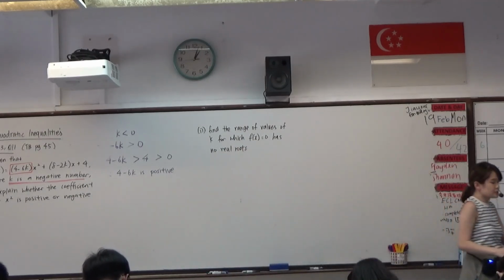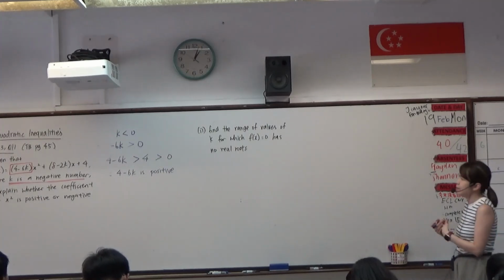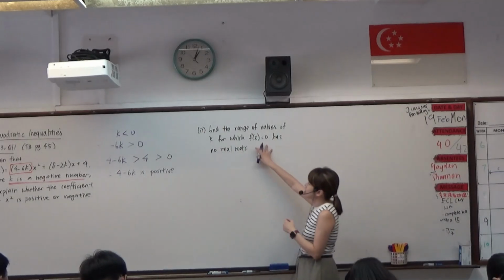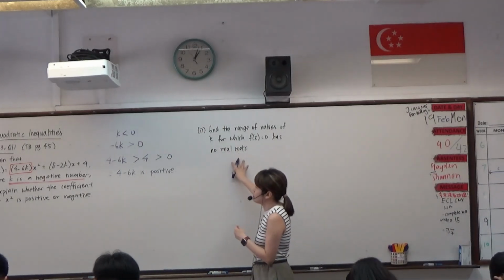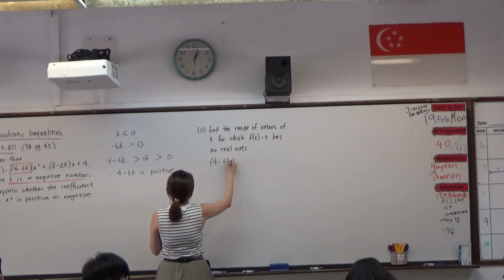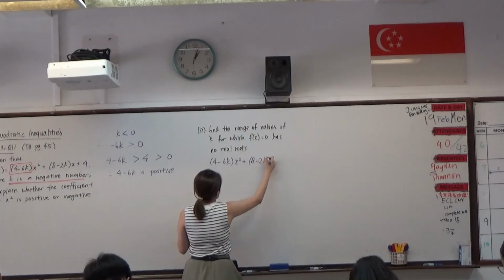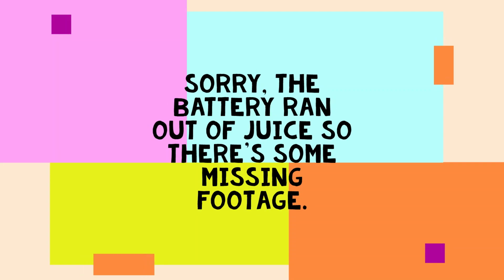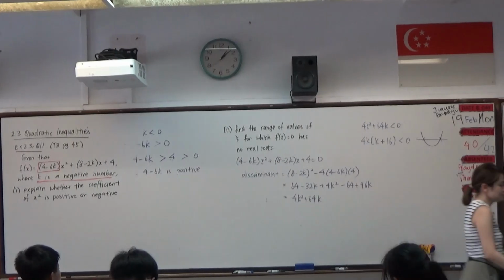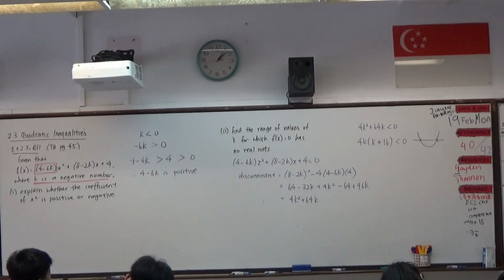Okay, next we want to look at part 2. It asks us to find the range of values of a for which f(x) equal to 0 has no real roots. In other words, we're looking at this particular equation, this particular case. Sorry, let's get back to this.